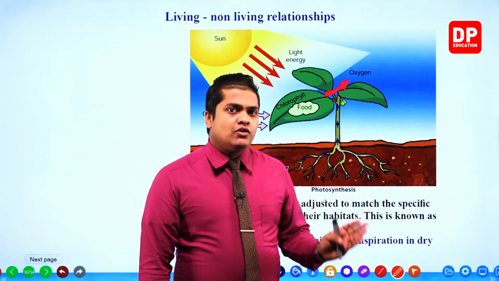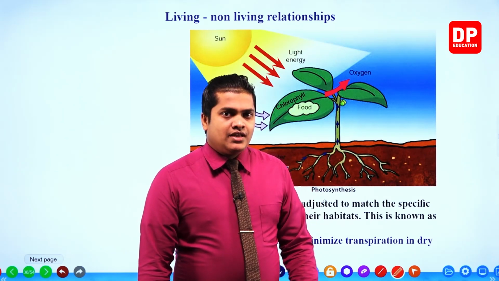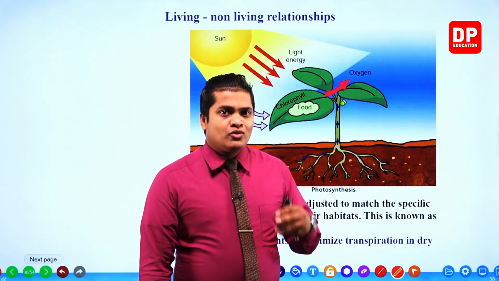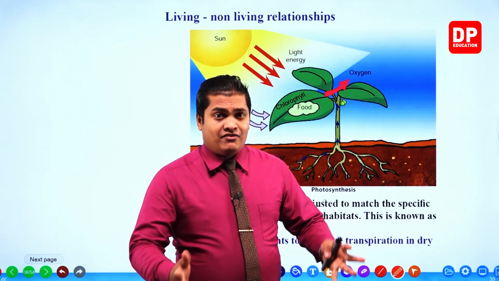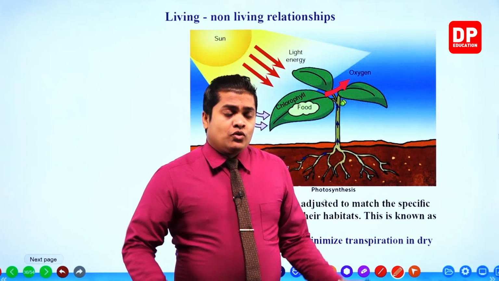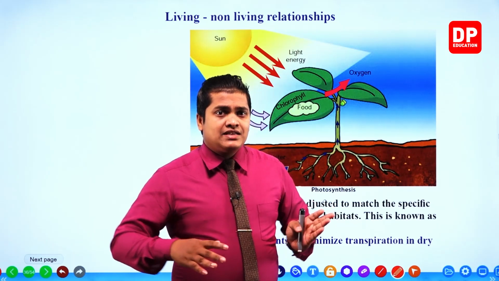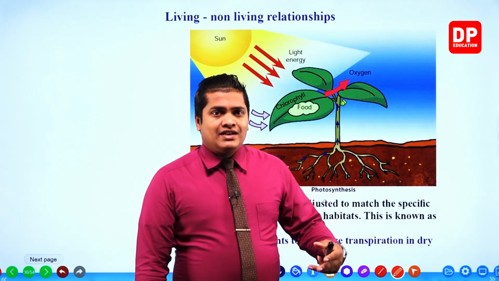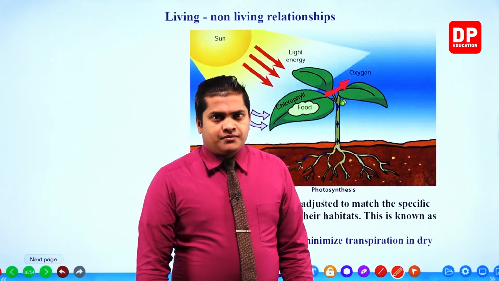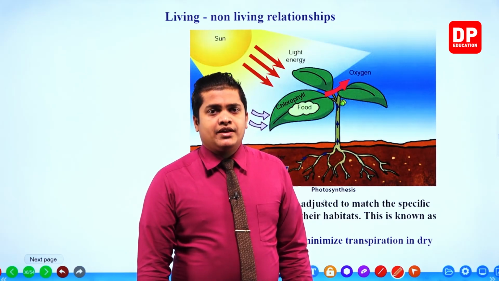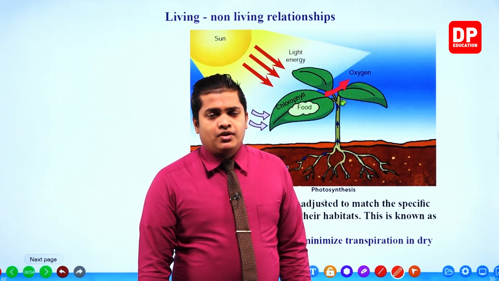If that organism comes here, it will not be able to release heat energy, as this environment is somewhat hot. It will not be able to release heat energy to maintain its body temperature, so definitely the polar bear will die.